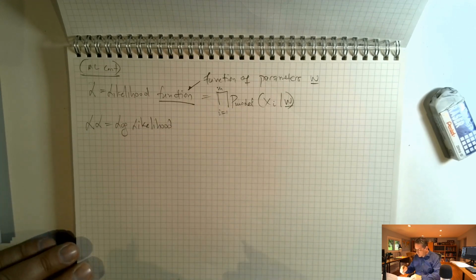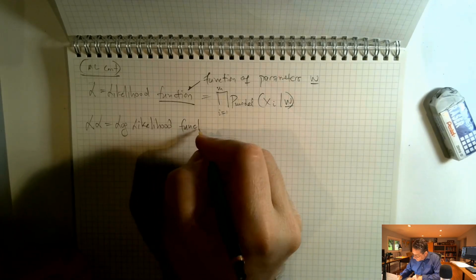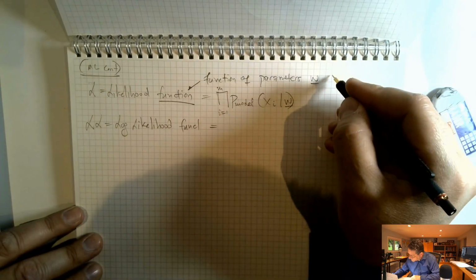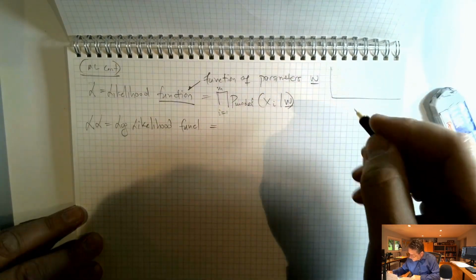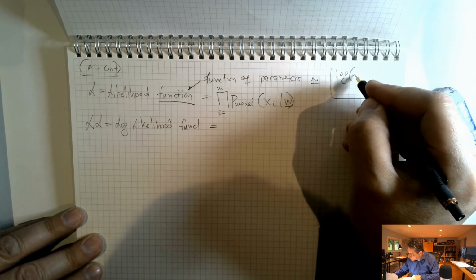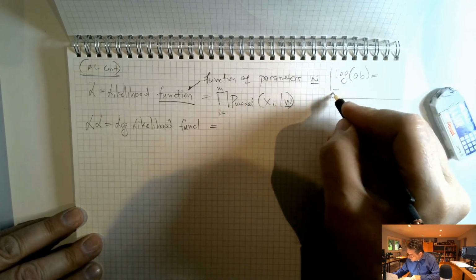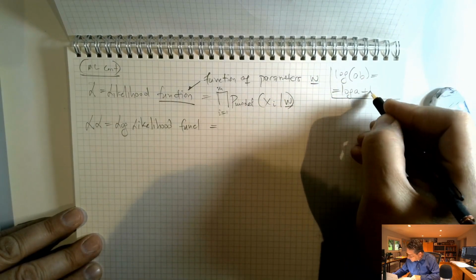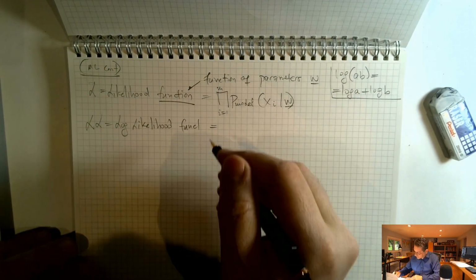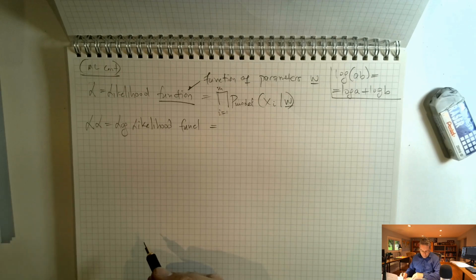The log likelihood function is going to be provided to us very easily from the likelihood function if we use the formula log of AB is equal to log of A plus log of B, which is hopefully known to everyone. So instead of a product, we will be getting a sum.